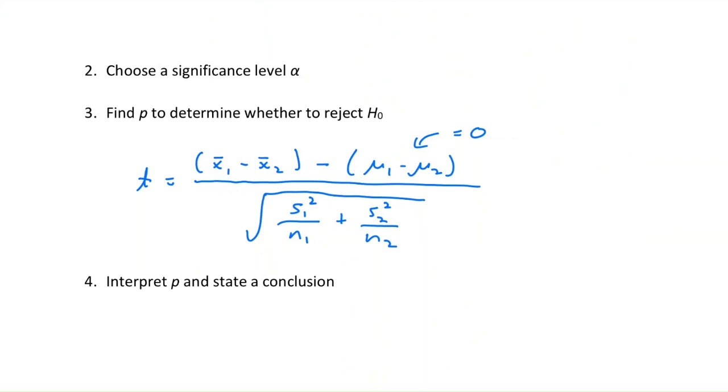All right, so that formula gives us T, and then of course we can go to the table and find P from that table and then test whether or not we have evidence to reject or not reject the null hypothesis. One thing to note is when we go to the table, we've talked about the degrees of freedom in the past.